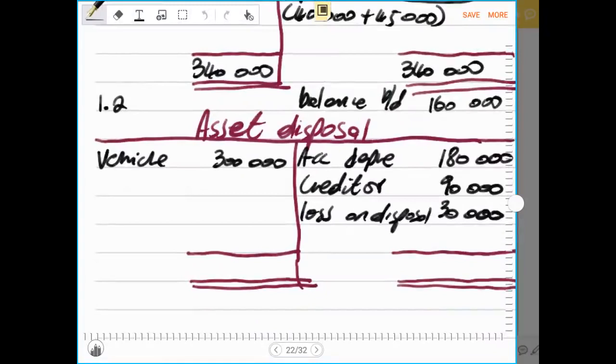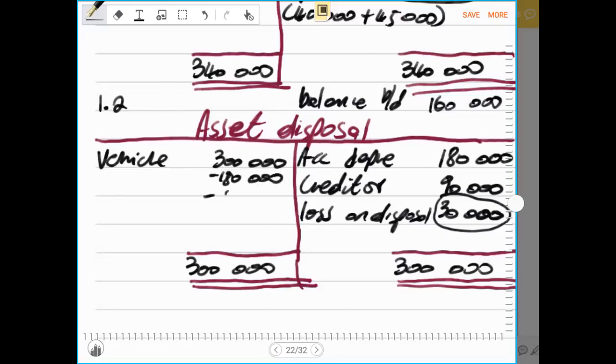So now the ledger account is complete. We can just write the total of 300,000 rands on both sides. Remember, when you add your credit side, it must be equal to your debit side. Or else, to calculate this loss of 30,000 rands, you can just say 300,000 rands minus 180,000 rands minus 90,000 rands.